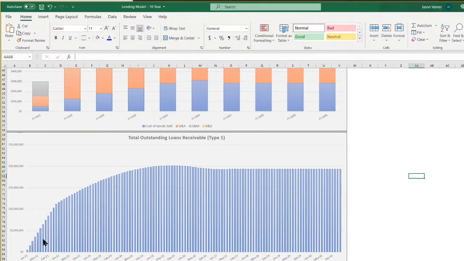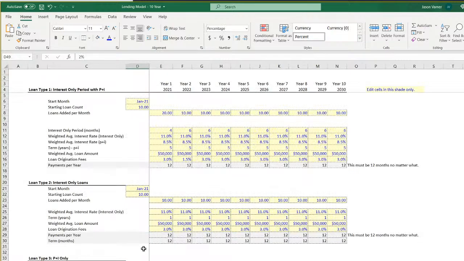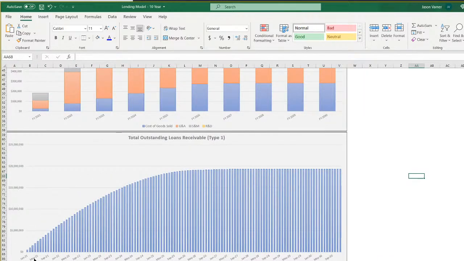So you kind of see the scale up, and then as they start to get paid, but you're still adding some, and then you level out and hit stabilization, which is you're getting paid back the same amount that you've lent out in the past, which follows this here. Now, I did 20, let's go back to 10 on this, and now you got a smooth curve.